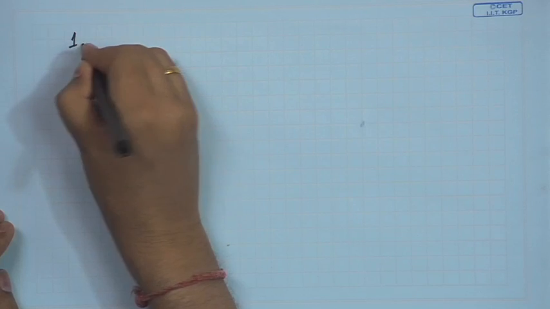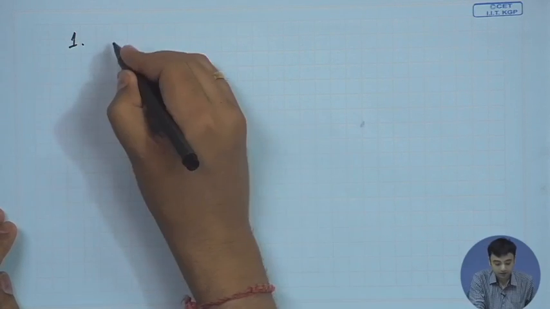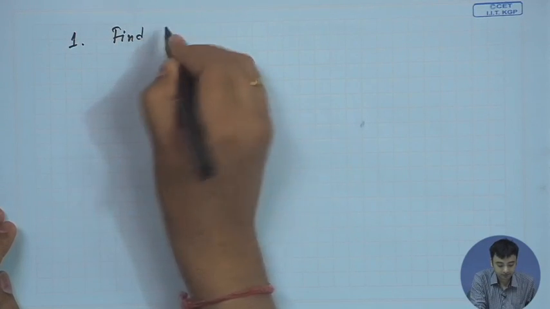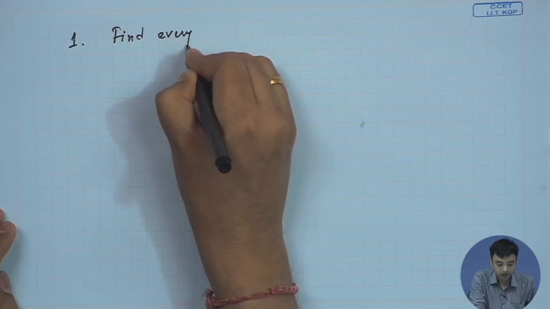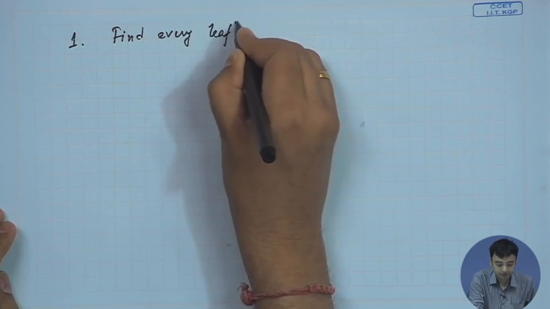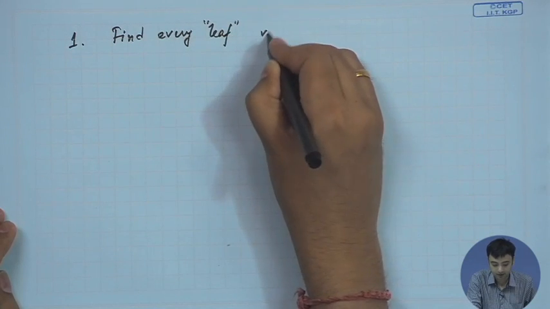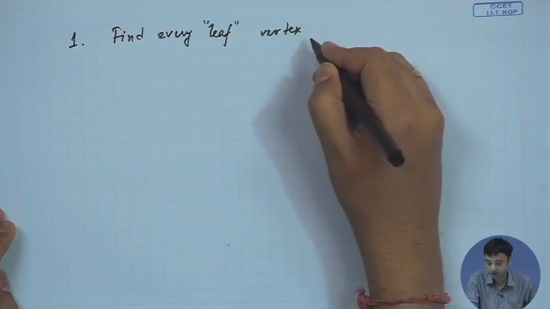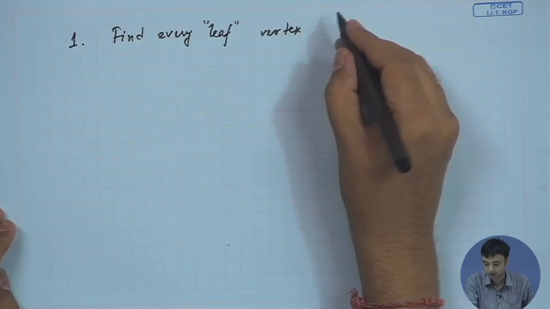So, therefore, we can again write down how to calculate the edge betweenness from these shortest path counts using the following 3-step algorithm. The first step of the algorithm is: find every leaf vertex, as we have done in the case of the shortest path tree.